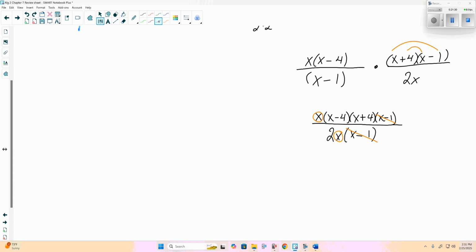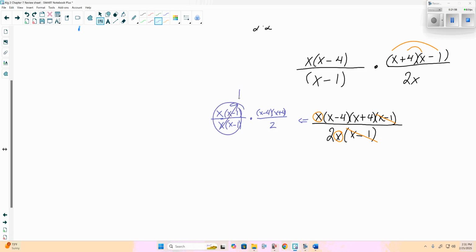Or another way to say it is I can move this out and just say that we have x times our x minus 1 over our x times x minus 1, which is being multiplied with our x minus 4, x plus 4 over 2. That's the nice thing with multiplication. I can just split those up because those are the same. We can move them around.